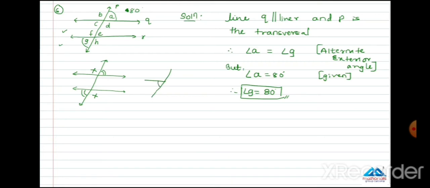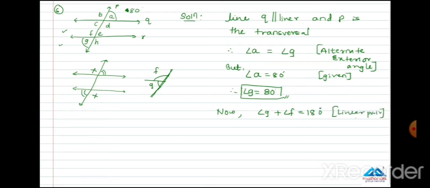Now we want to find the value of F. So student, F and G are forming a linear pair with each other. The property of a linear pair is that the sum of the angles is supplementary. So we will add these two angles, angle G plus angle F equals 180 degree by linear pair.